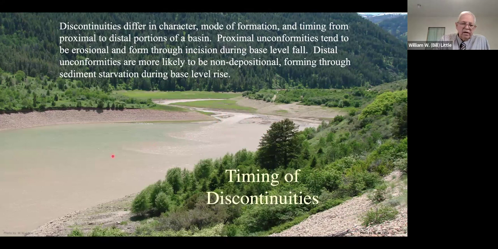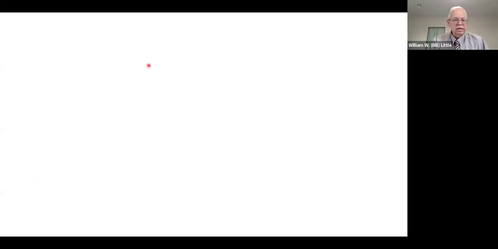But then out into the basin, deposition is continuous. So erosion here, and out here continuous deposition. And so, back to a figure. If you look at here's our basin.